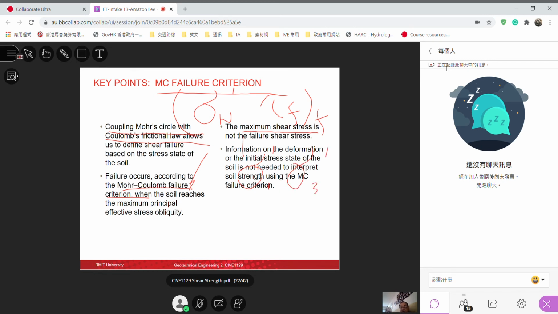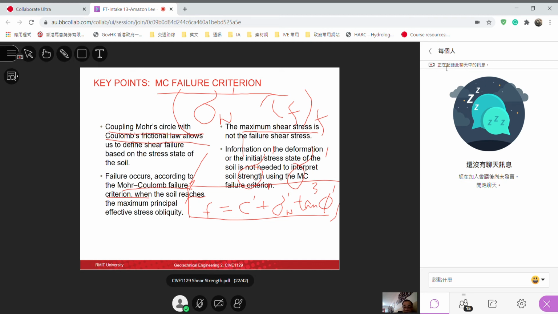In the Mohr-Coulomb failure criteria, the equation is: the shear stress at failure is equal to the cohesion intercept plus the normal stress at failure times the tangent of the angle of friction. So the Mohr-Coulomb failure criterion is a straight line composed of two soil parameters.